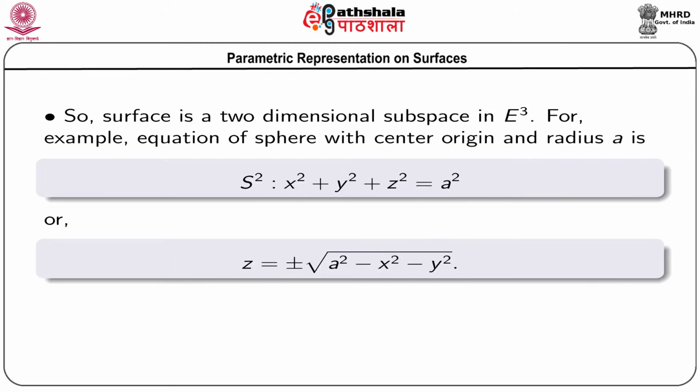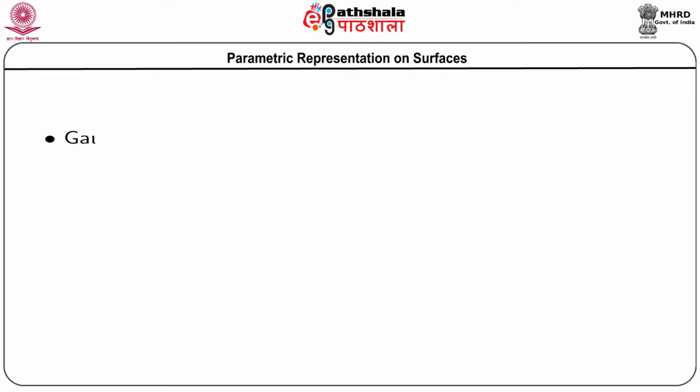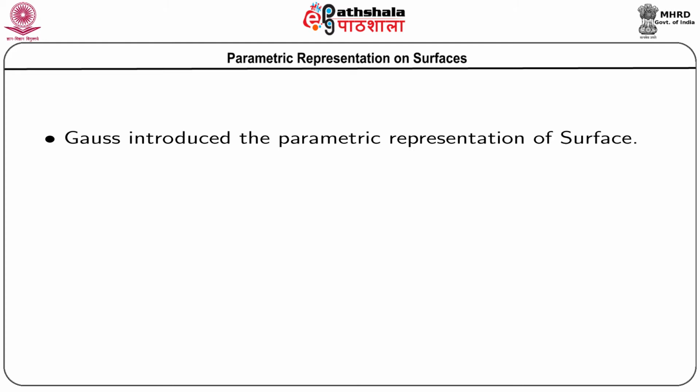Now, this can be written as z equal to plus minus root over a square minus x square minus y square. So, z is written as a function of x and y in the previous example.